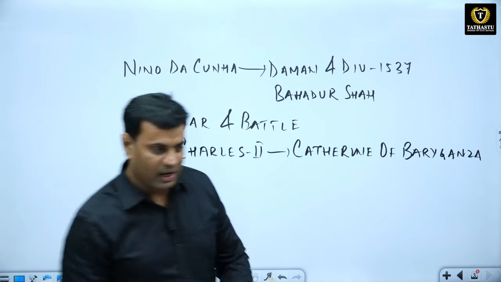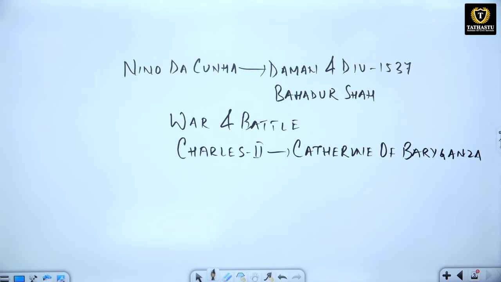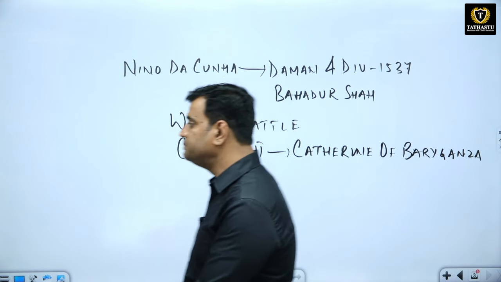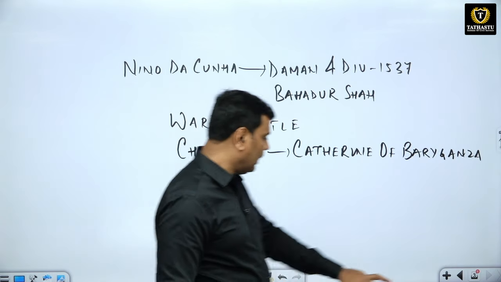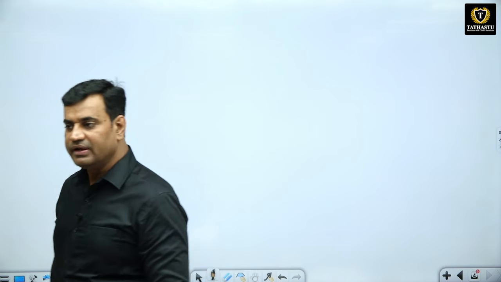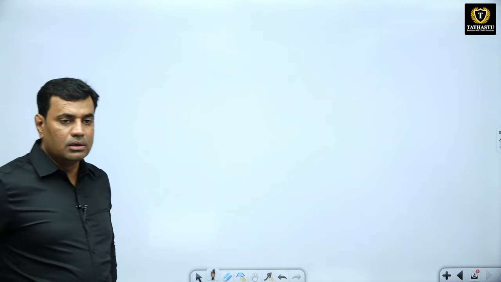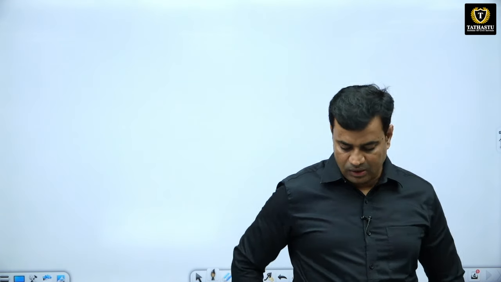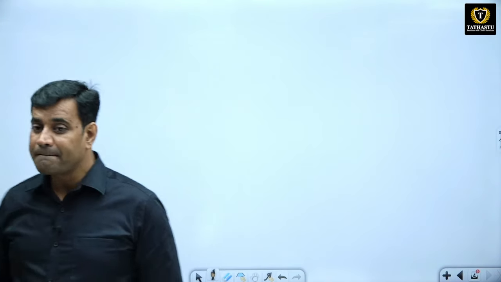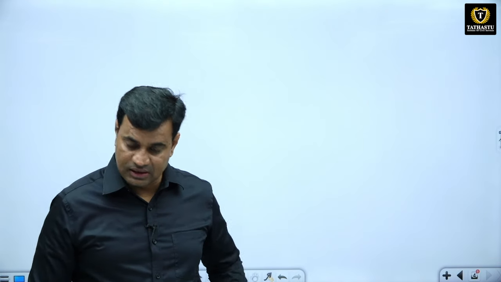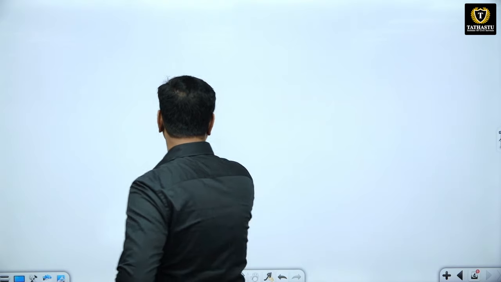Right, the next one, next paragraph. The second European power to arrive in India were the traders of Netherlands, also known as Holland. Clear? Were the traders of Netherlands or the Dutch.